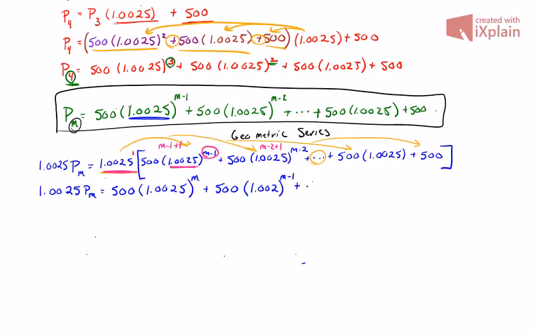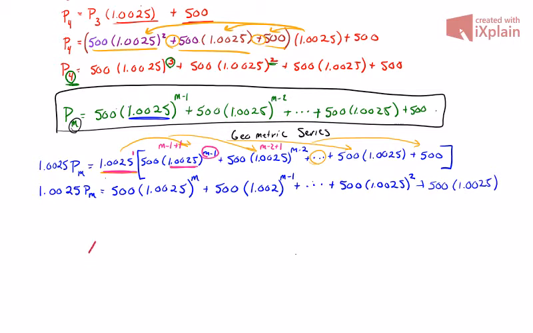So this keeps going. There's our ellipses. Then we have 500 times 1.0025 squared plus 500 times 1.0025. So as we can see, every term now has that 1.0025 attached to it.